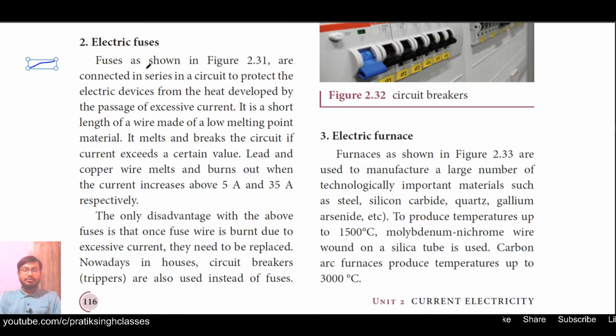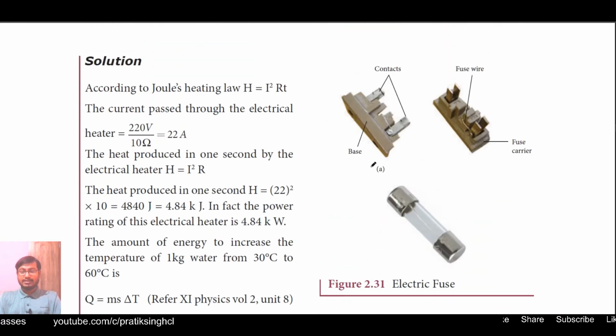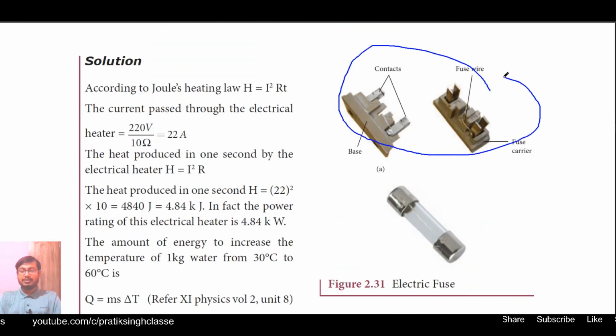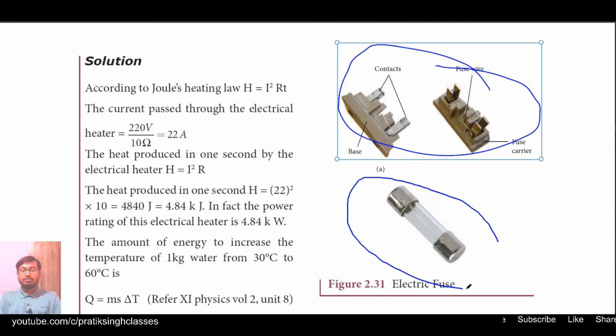Okay, fuses as shown in figure 2.31 are connected in series in a circuit to protect the electric devices from the heat developed by the passage of excessive current. Okay, so these are examples of fuses. This you might have seen, this also you might have seen. Okay, when a very high amount of current passes through it suddenly, it melts and breaks the circuit, and it is always connected in series, not in parallel.